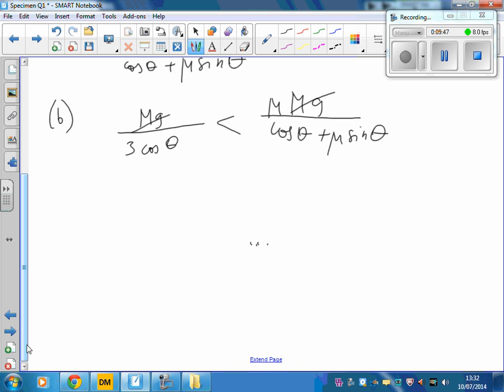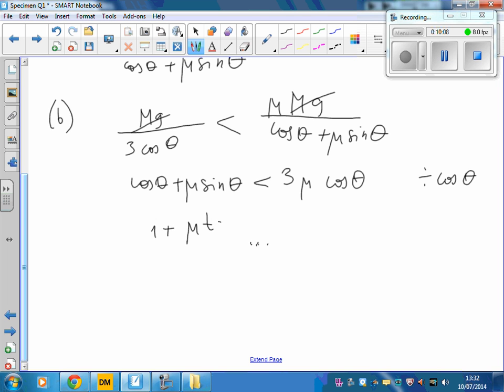We can rewrite this inequality in the form cos theta plus mu sine theta less than 3 mu cos theta. Now, if we divide through by cos theta, we've got 1 plus mu tan theta less than 3 mu.